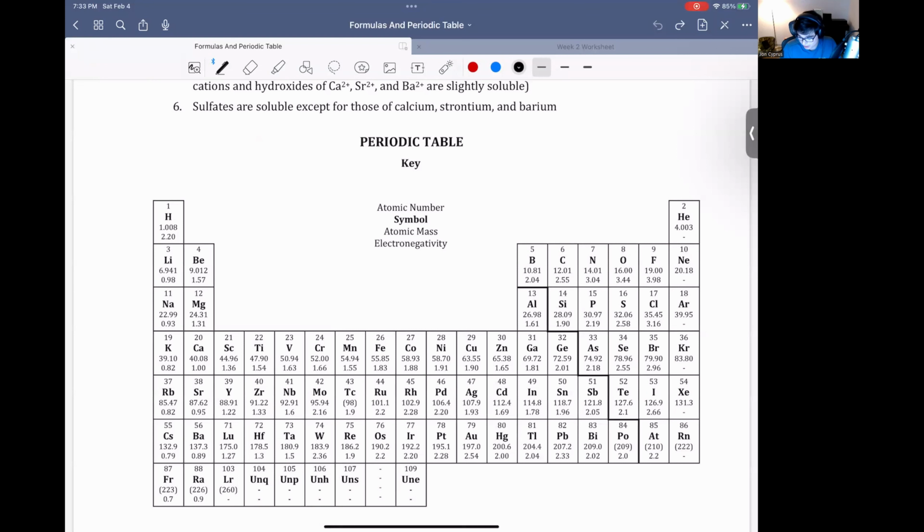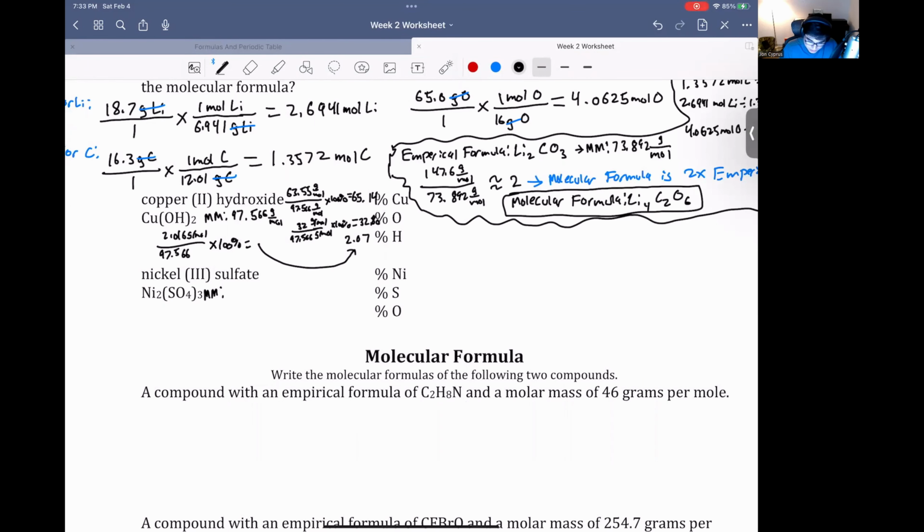So 3 times sulfur is 32.06. Oxygen, there's 4 of them, so 4 times 16 in each of those sulfates. You should end up getting a molar mass of 346. Oops, I forgot to do 2 nickels.